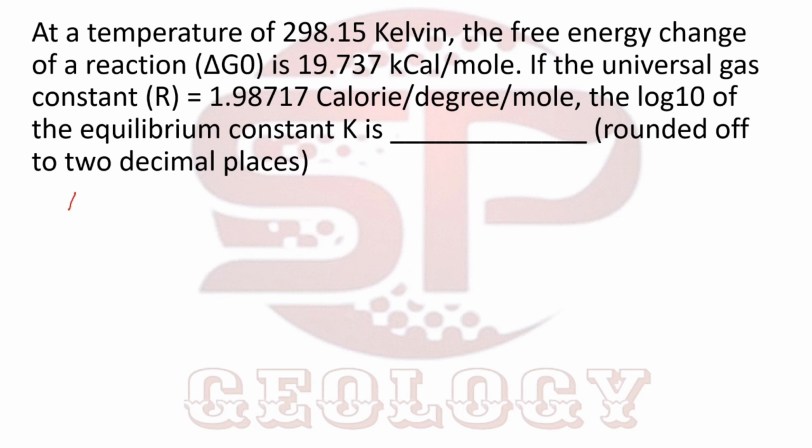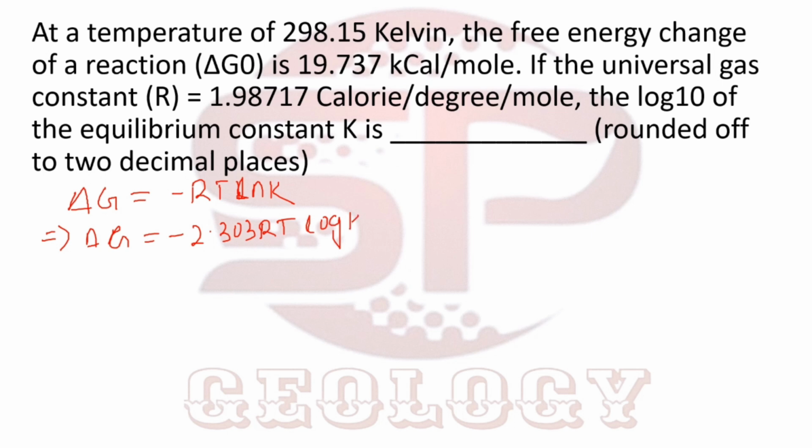You have to calculate this using the formula delta G equals minus RT ln K, or you can write it as delta G equals minus 2.303 RT log K. R is the universal gas constant, delta G is the free energy, T is the temperature in Kelvin, and log K we have to calculate.